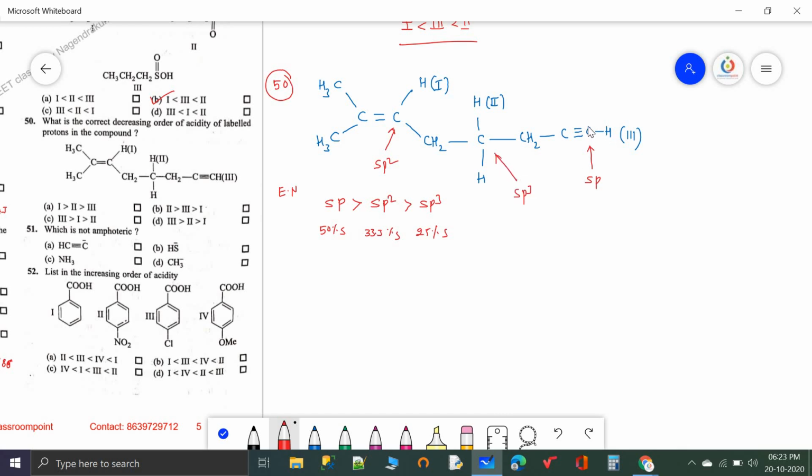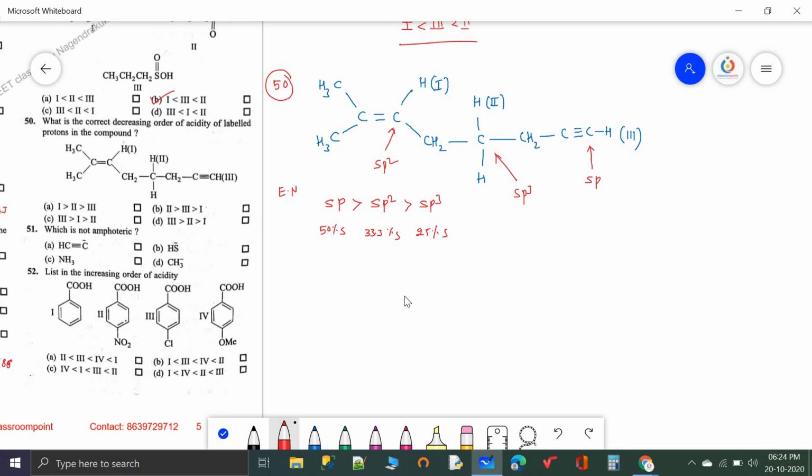So in this case, this carbon can easily lose the H plus ion. Even after the loss of the H plus ion, the negative charge on this carbon can be withheld, because it is a more electronegative carbon. Then the sp2 will lose the H plus ion after the sp, and the last one is this one.